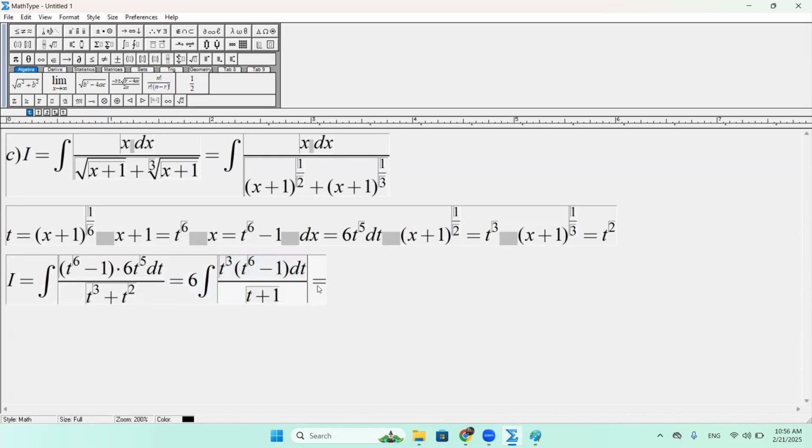First of all, we will use the formula of difference of squares. So t in power of 6 minus 1 equals the following: t cube minus 1 multiplied by t cube plus 1. And then we can factorize t cube plus 1.